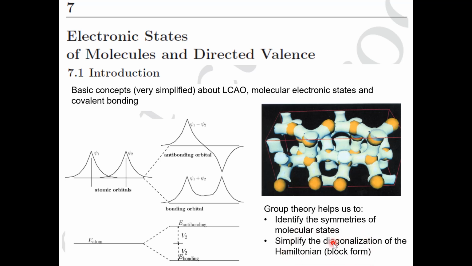You can put your Hamiltonian matrix in a block form, in different blocks separated by zeros, and this allows us to simplify the problem of diagonalizing Hamiltonians.